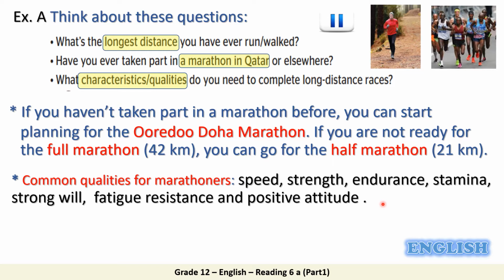Okay, they also need to have stamina, and stamina means something like physical and mental ability to sustain, to endure extended effort or activity. Please, dear student, you can prepare your copybook, okay, and start writing the new vocabulary. You can make a mini dictionary to help you with the vocabulary of the second term. Okay.